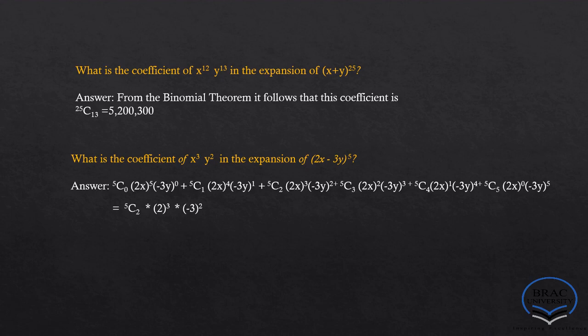We can always expand it and do it on our own, or we can just find 5C2 times 2^3 and (-3)^2. Why 2 to the power 3 here? Because the coefficient of x here is 2 and the coefficient of y here is minus 3. That is why we need to calculate the term where the power of y is 2, that is 5C2 and 2^3 and (-3)^2.